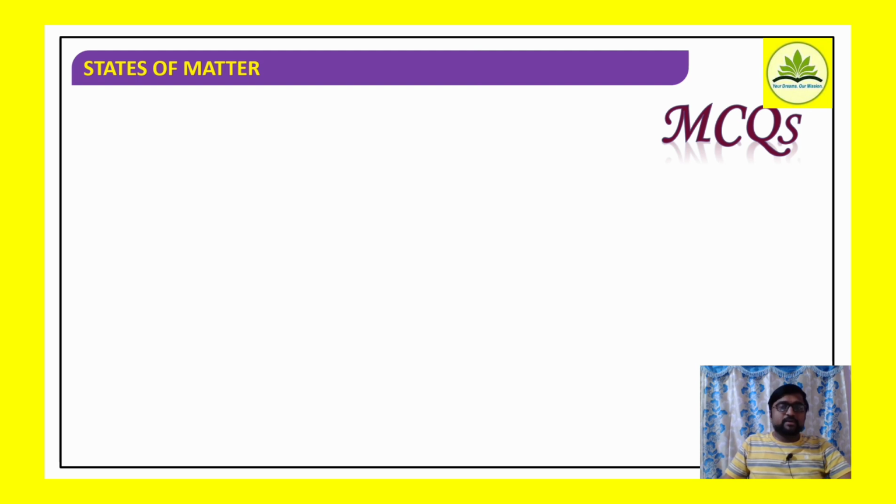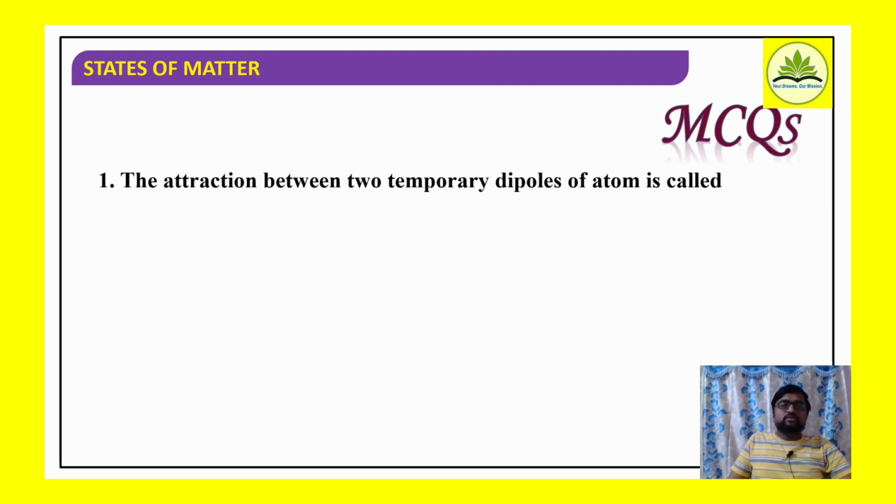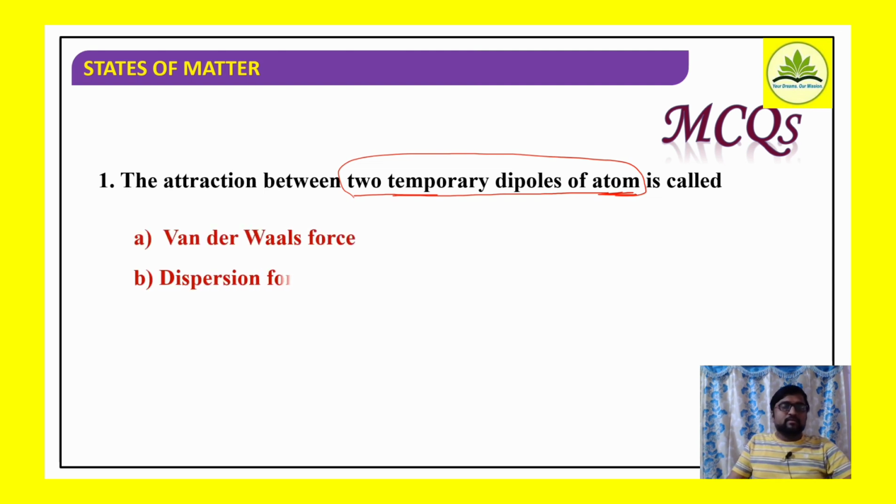Then consider MCQs here. First one: the attraction between two temporary dipoles of an atom is called what? The options are van der Waals forces, dispersion forces, electric force, and magnetic force.